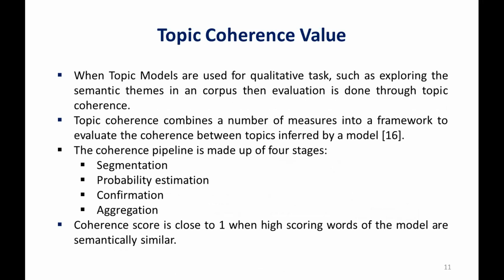Based on these values, the topic coherence framework evaluates any topic modeling algorithm. If the coherence value is close to 1, then our topic modeling algorithm is working better, and if it is close to 0, the topics generated are not interpretable, or not good.